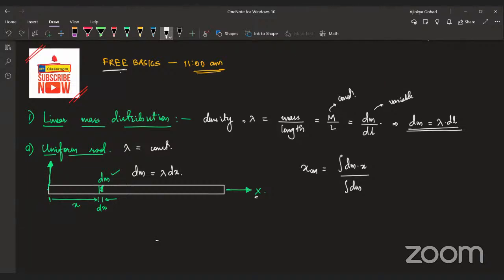Now I can write dm as lambda dx, so the x coordinate of the center of mass is integral lambda dx into x upon integral lambda dx.